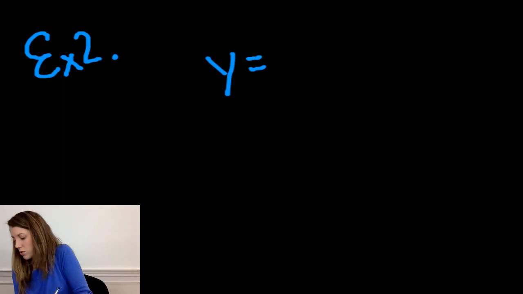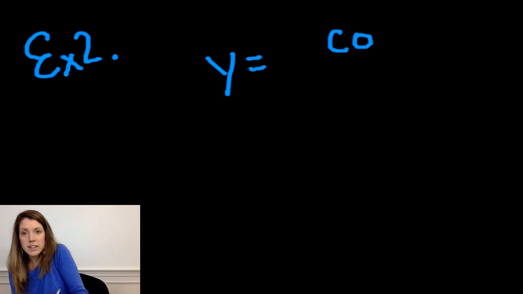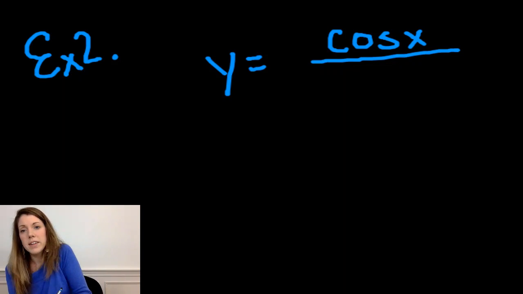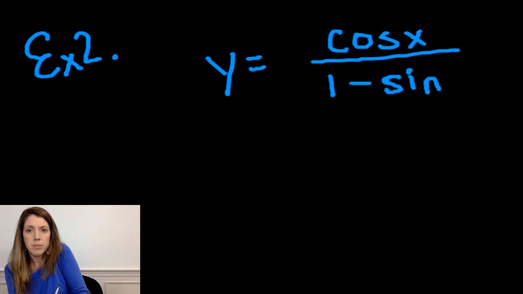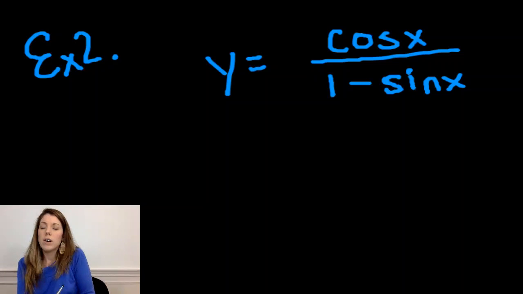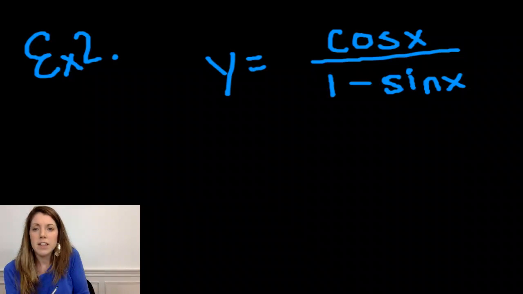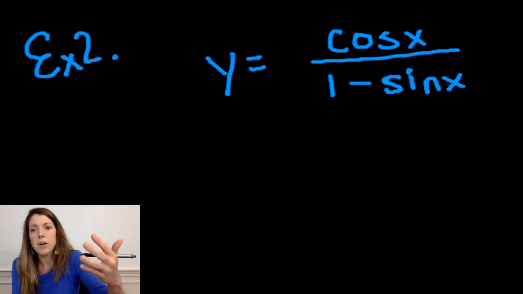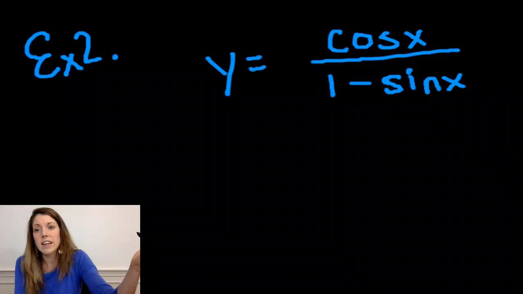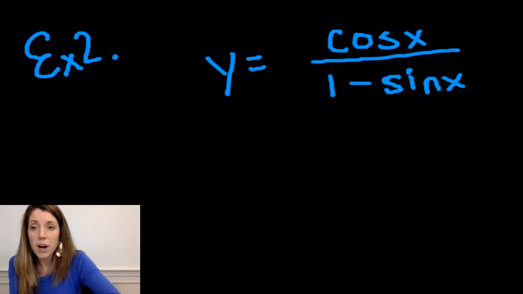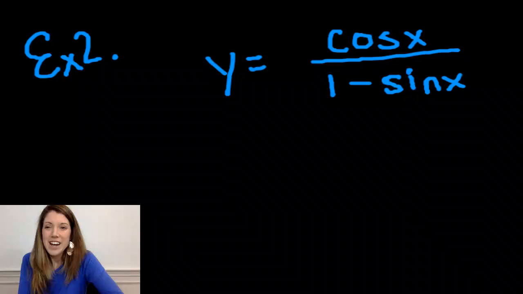And we'll make y equal to cosine of x over 1 minus sine of x. All right, so if you take a second, look at this problem and think, what kind of problem is this? Are we finding a product, or are we finding a quotient?